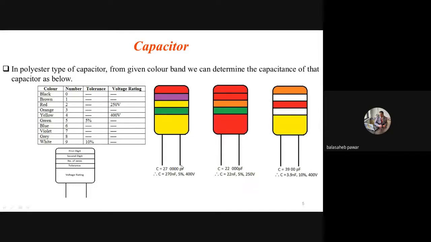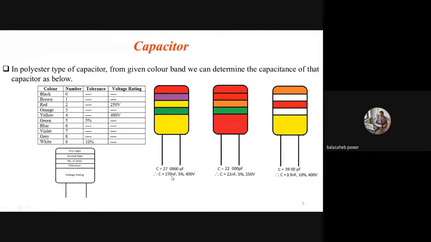Again, same as for the ceramic capacitor, you have to write pico compulsorily, and the unit of capacitor is farad. So 27 into 10 raised to 4 into picofarad, meaning 10 raised to minus 12 farad. When you rearrange those numbers, you have the answer as 270 nanofarad.